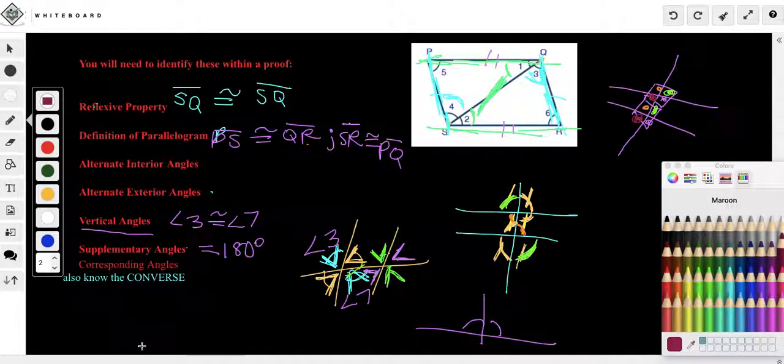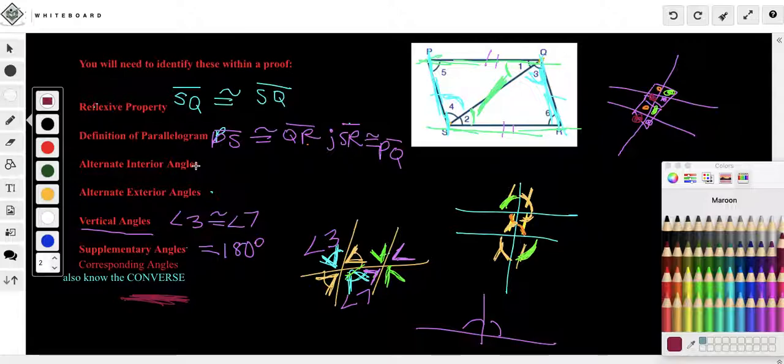And then the last thing I have down here is also know the converse. So sometimes you're going to have to say for your reasoning that it's the converse of a certain property. So if you're using the statement that if two lines are cut by a transversal, then alternate interior angles are congruent, you can also say the opposite.